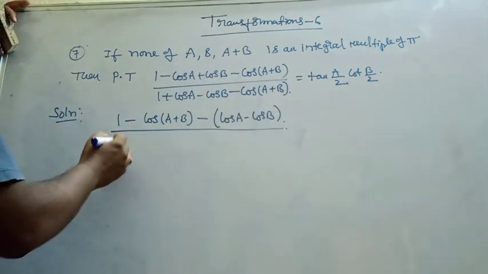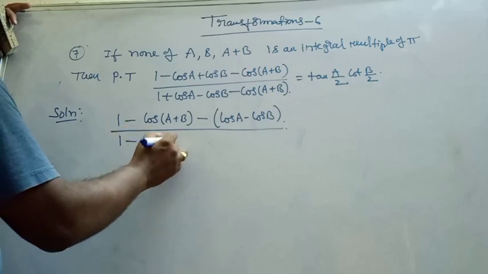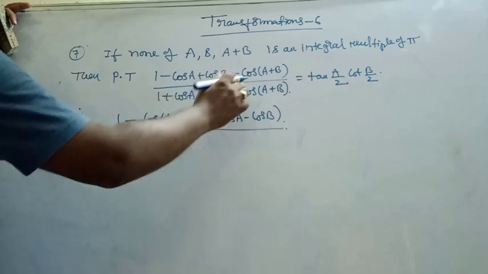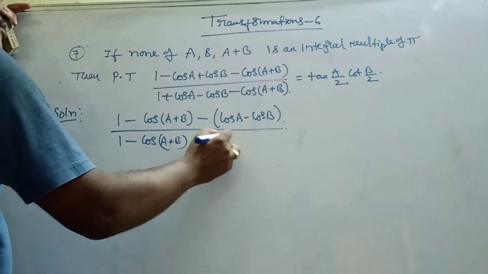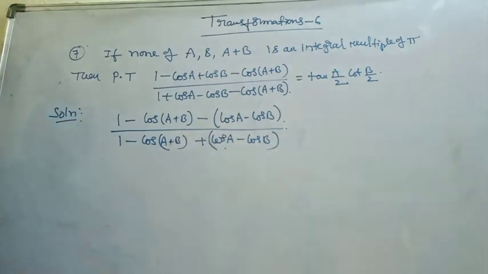Now here also 1 minus cos of a plus b, we can write this plus cos a minus cos b, right? Wonderful. Now we have grouped these things like this, and we try to simplify these further, right?